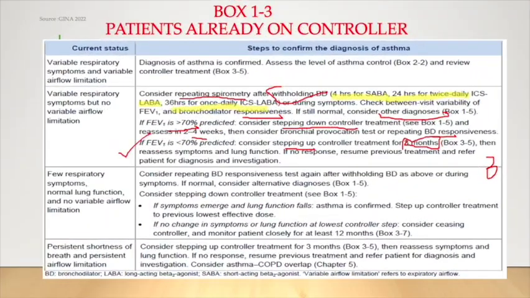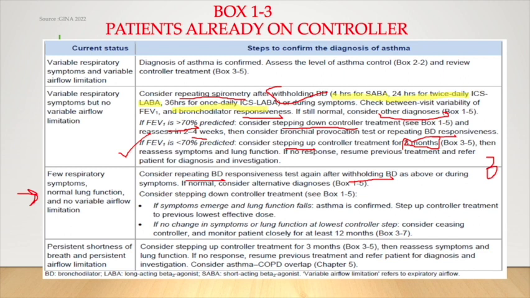Now, if this patient came to us with fewer respiratory symptoms and his lung function was also normal and the PFT did not demonstrate any variability in airflow, what do we do? Now again, you still are suspecting asthma. Please repeat the bronchodilator responsiveness test, but withhold the bronchodilators as noted earlier and then repeat the PFT.